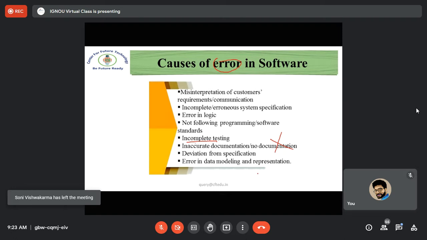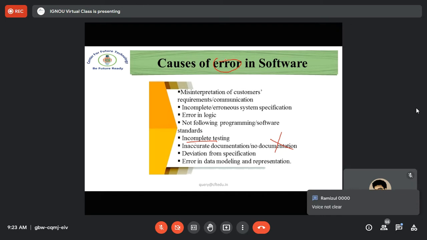In the practical classes I have also emphasized this part: every time, whatever we are doing, we have to make documentation for the same, so that if some errors crop up in the later phases of software development, they can be flagged or traced.